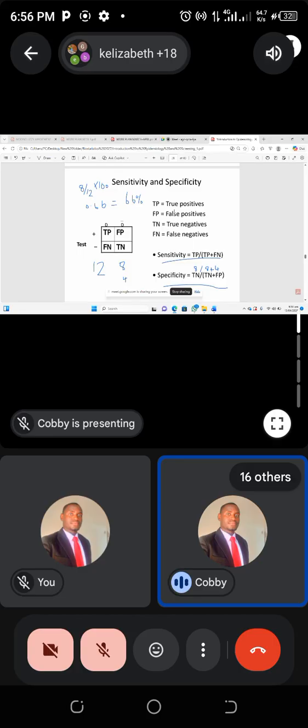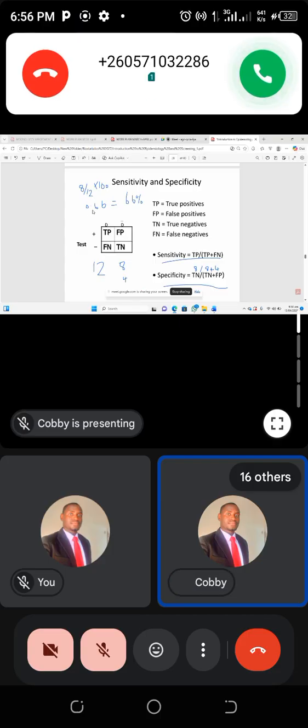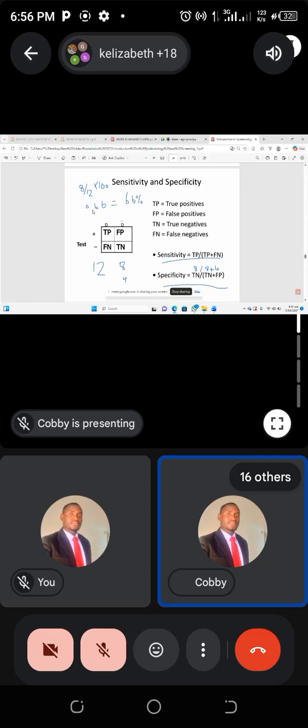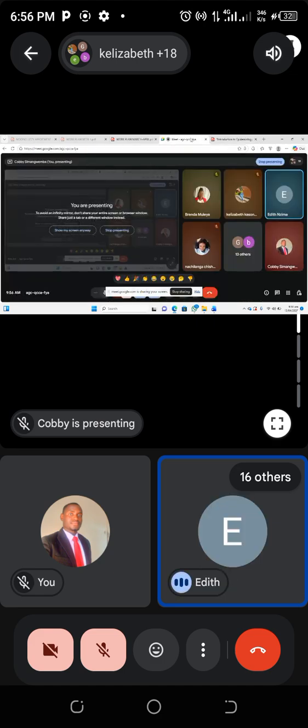So you have to convert them to percent, because when you look at this 0.66, you cannot tell what they mean. Okay? Is it clear? Yes, thank you. You're welcome.